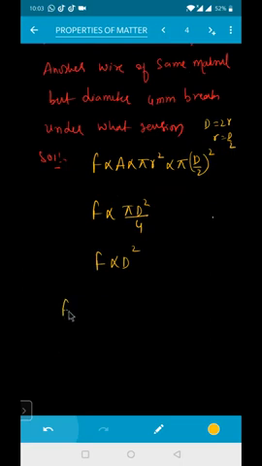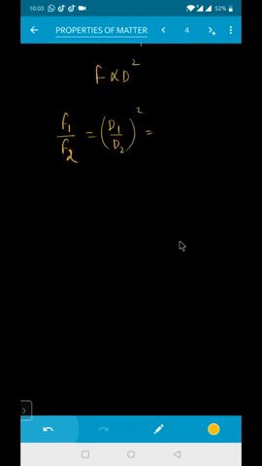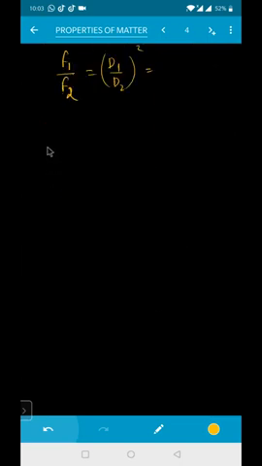So I can write right now, F1 divided by F2 will be equal to D1 divided by D2 whole square. Diameter of the first one is how much, beta? Force is given how much initially? 500. We need to calculate the next force. Diameter of the first wire is 2 mm, and another one is 4 mm.